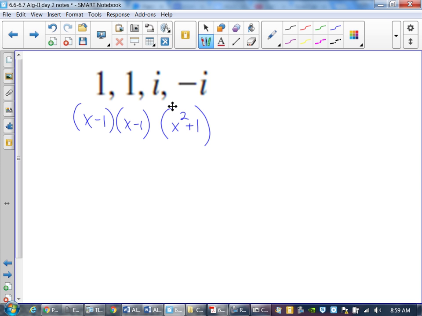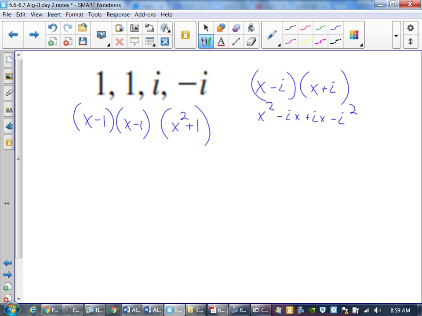Now, one of the ways you could have done that is the same idea: this is going to be x minus i, x plus i, and FOIL it out. If you do that the long way, you still get x squared minus ix plus ix minus i squared. Remember when we did imaginary stuff back in quadratics? Notice what happens to the middle term.